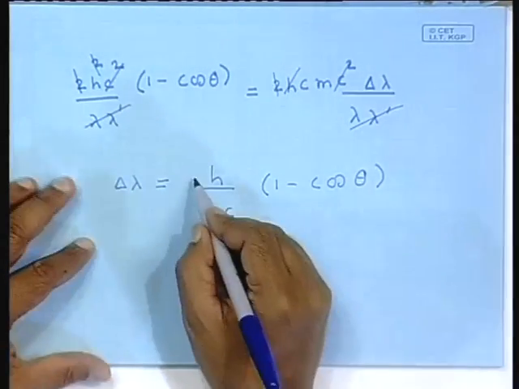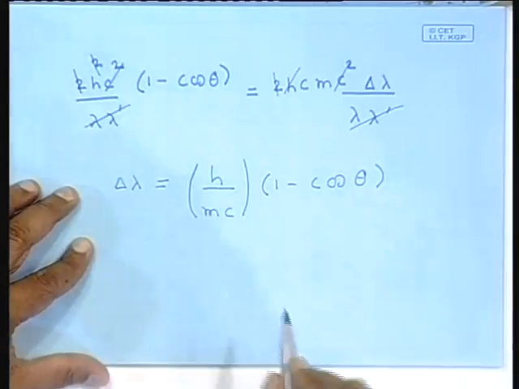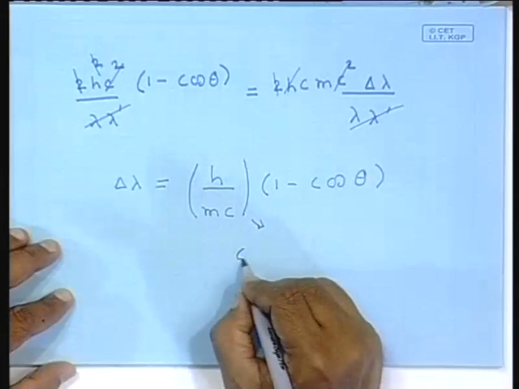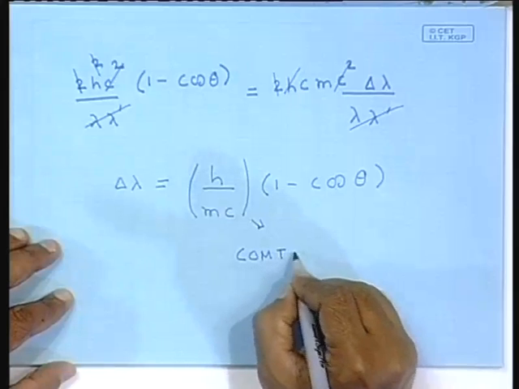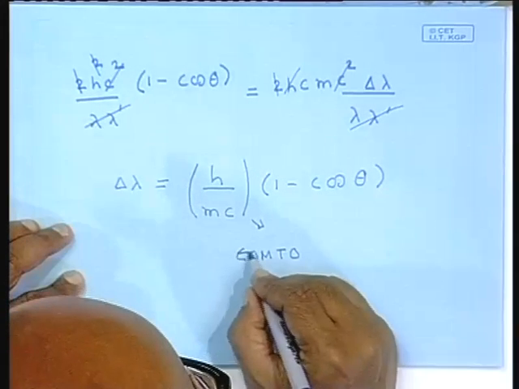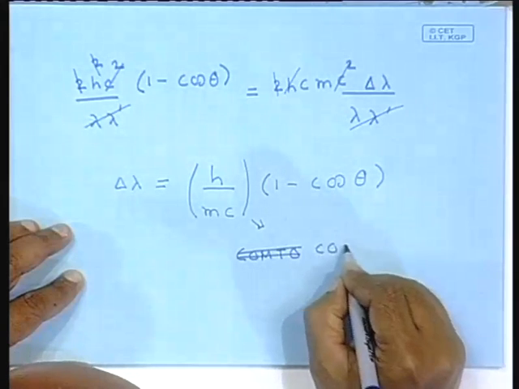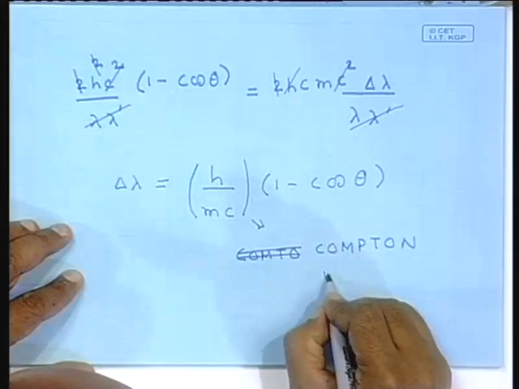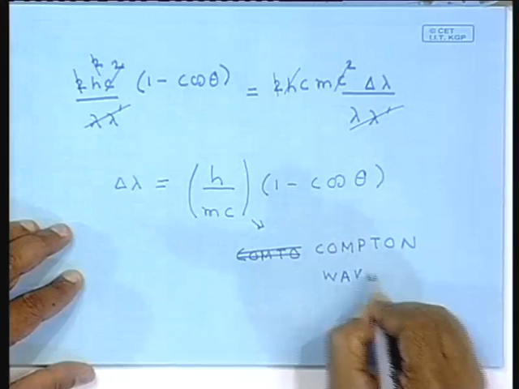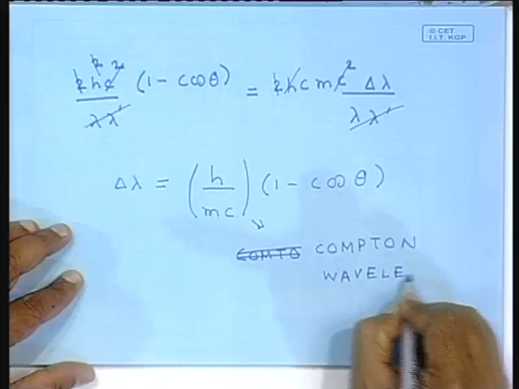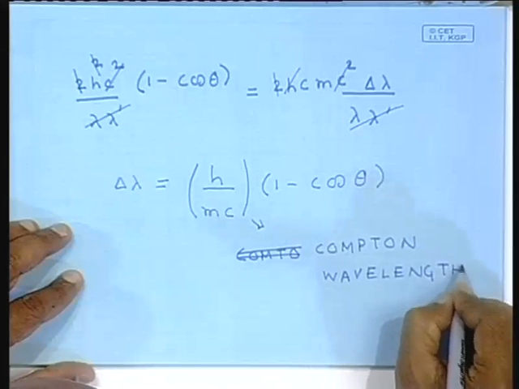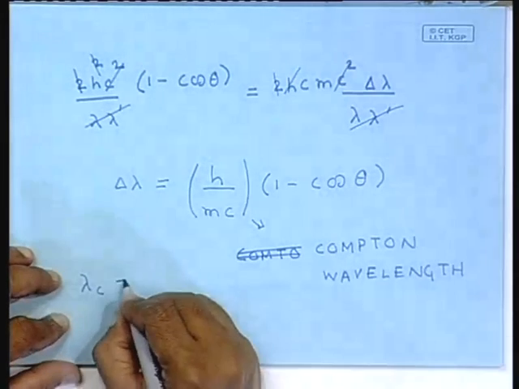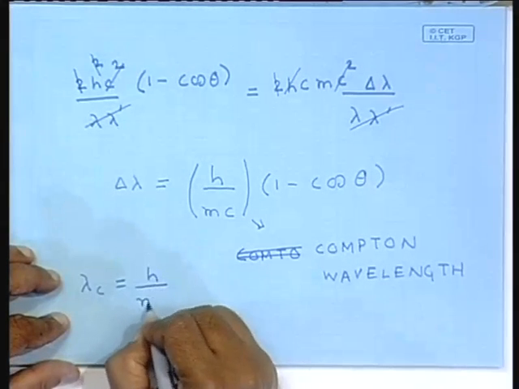or this number h by mc is called the Compton wavelength, lambda c, which is equal to h by mc.